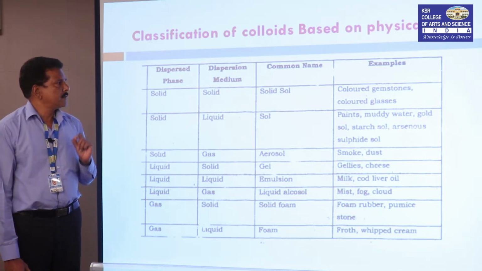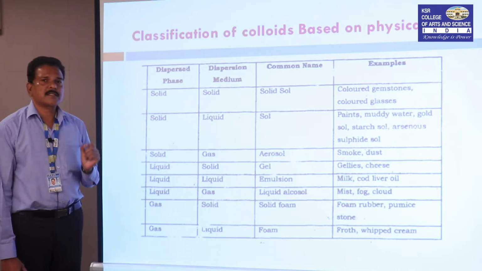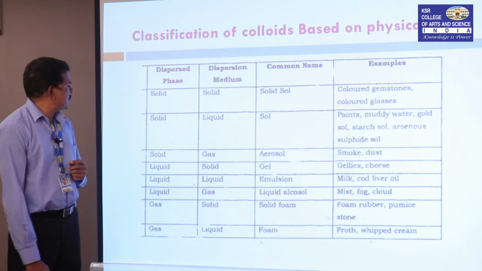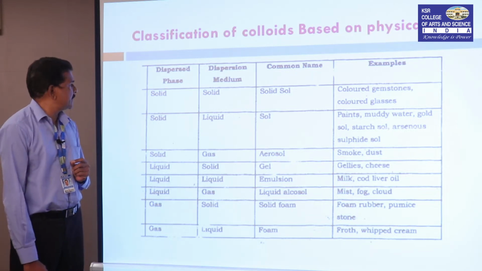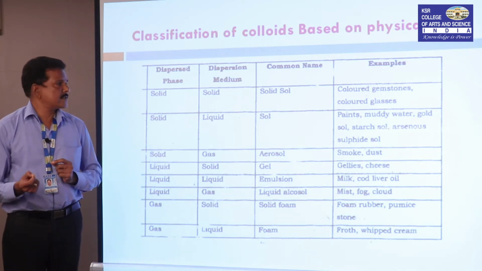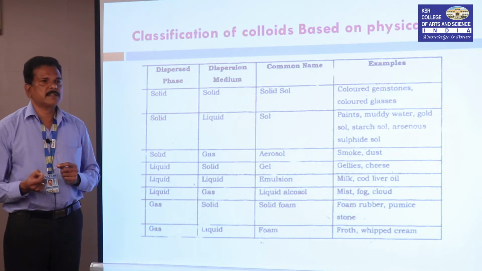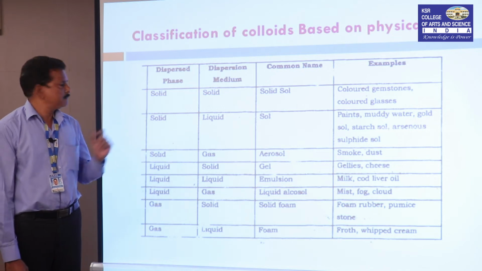For example, colored gems, alloys and colored glasses. Second one: if the dispersed phase is solid and the dispersion medium is liquid, then the colloidal system is sol. We can say paints, starch, then ink. These are all examples of colloidal sols.